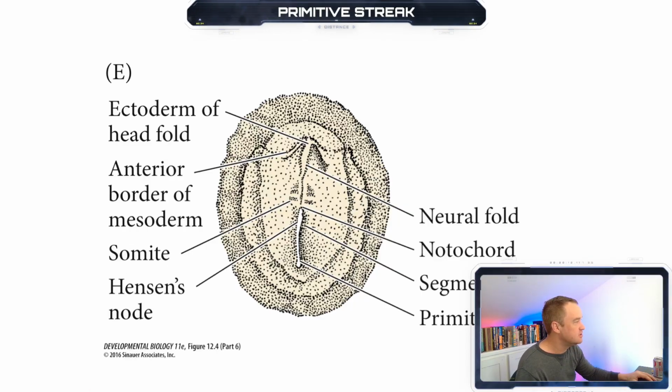So as you can see, we have here the notochord being pulled from the opposite end of where the primitive streak started. So it'll open up, allow those cells to migrate in, and then pull back to form this notochord. So this is 23 to 25 hours after the egg has been laid.